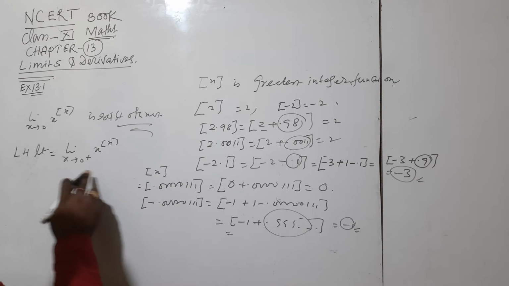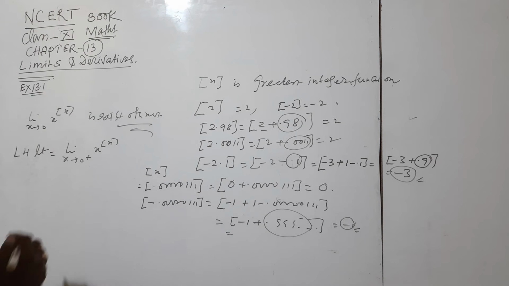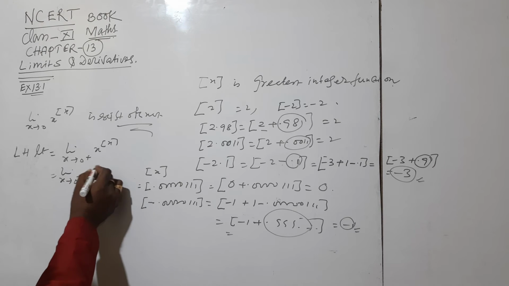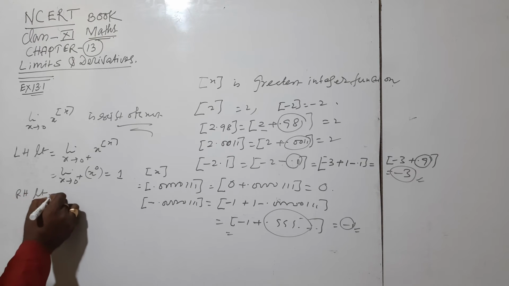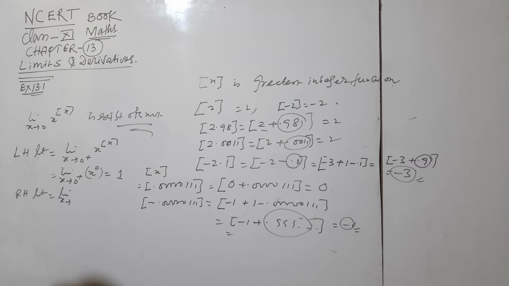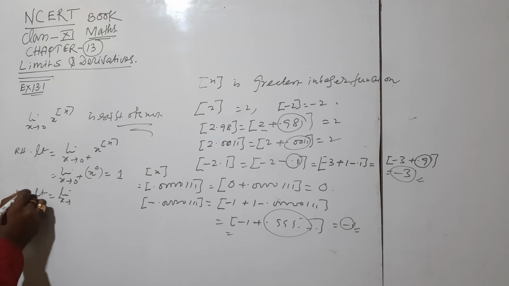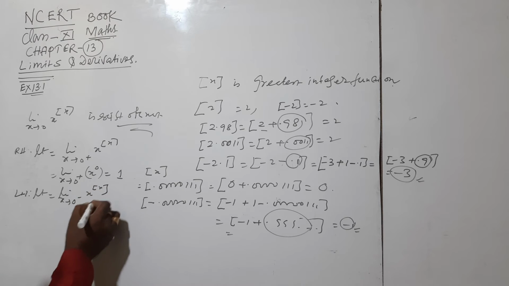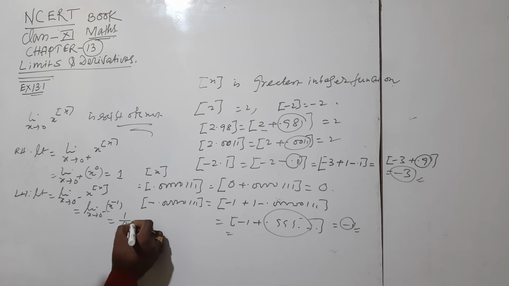So if x tends to 0 positive, box x is 0, so this is equal to limit x tends to 0 plus, x to the power 0, which means 1, for the right hand limit. I wrongly wrote it; actually this is the right hand and this is the left hand. Left hand limit, that is 0 minus, so x to the power box x, limit x tends to 0 minus, x to the power minus 1, this is not defined.